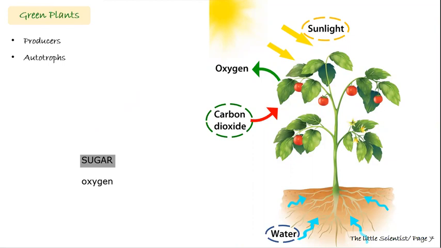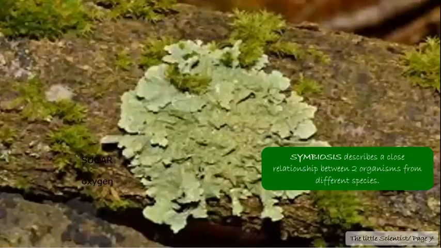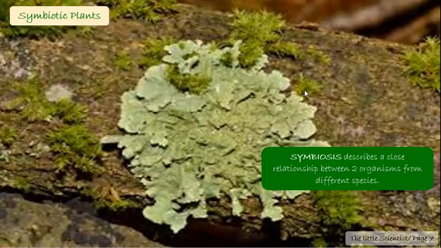Okay, some plants cannot get all their needs to produce their own food. So they make or build close relationships with other species. And here we are talking about symbiotic relationships between organisms.